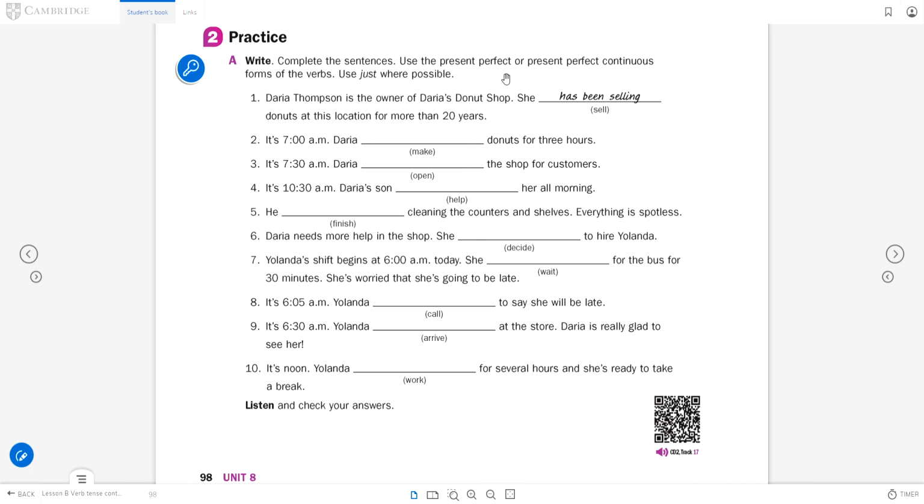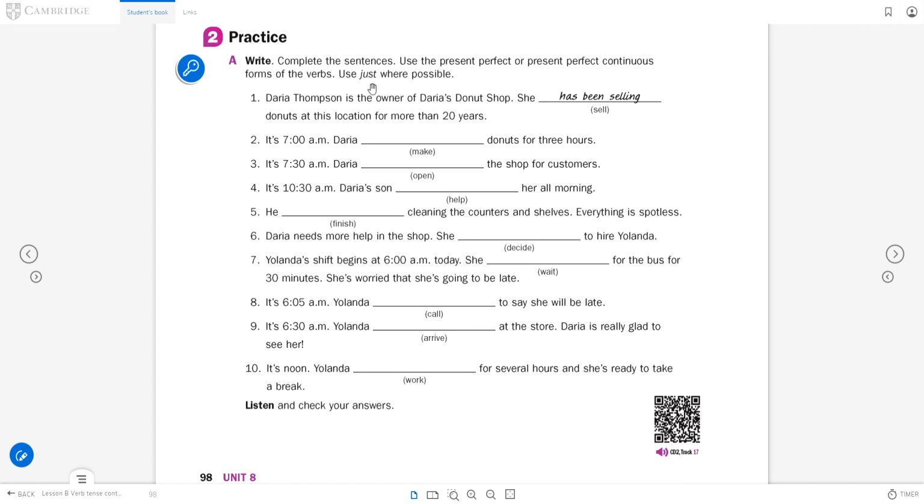Use the present perfect or present perfect continuous forms of the verbs. Use just where possible. And let me give you a hint here. You're going to use just when an action or event recently finished. Okay, so with present perfect.